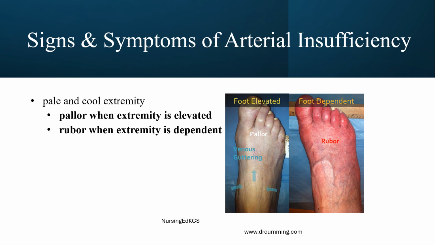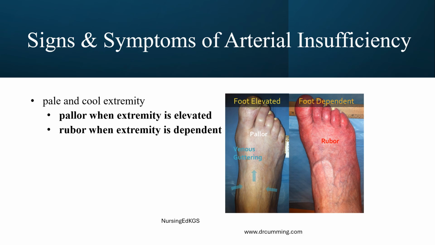So the reduced blood flow then results in a pale or whitish color to the skin, and that is what we describe as pallor. This happens because there isn't enough oxygen-rich blood reaching the areas in order to maintain a normal and healthy skin tone.